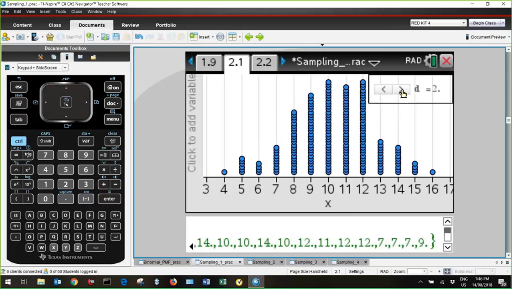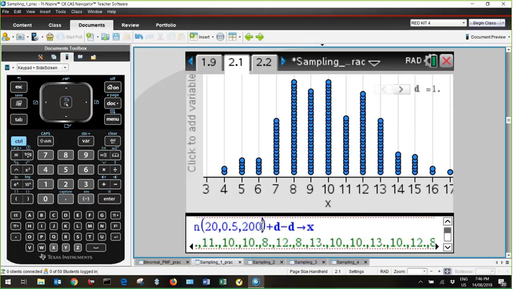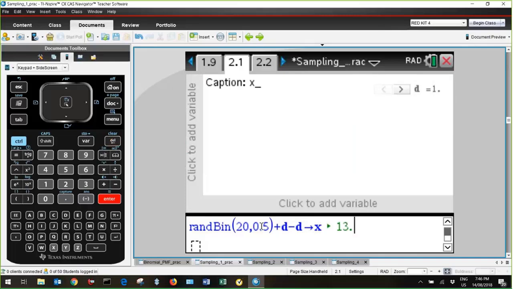Now, that's not the way that I would start doing this simulation. The way that I would start is with just a single variable, just a single survey. So here, in this case, there were just 13 successes out of 20. So that's one survey.